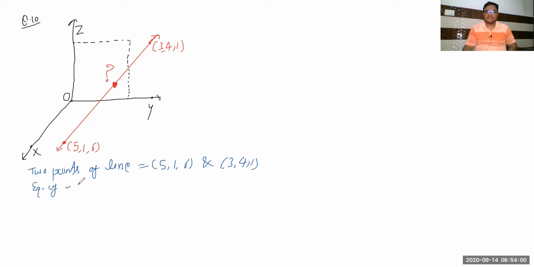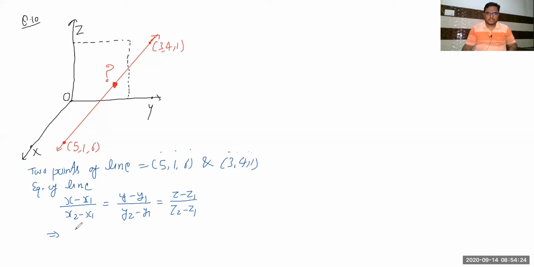Equation of line. What is the formula? x minus x1 upon x2 minus x1, and similarly y minus y1 upon y2 minus y1, z minus z1 upon z2 minus z1. It is x1, y1, z1, it is x2, y2, z2.